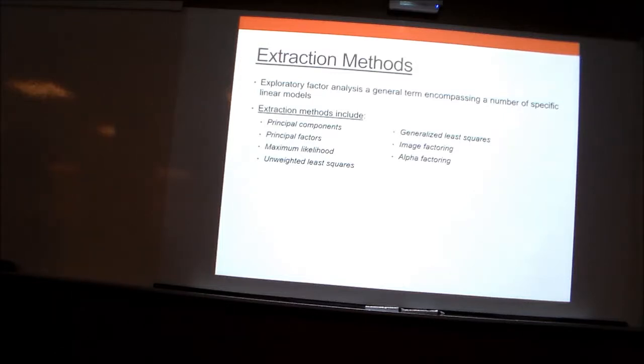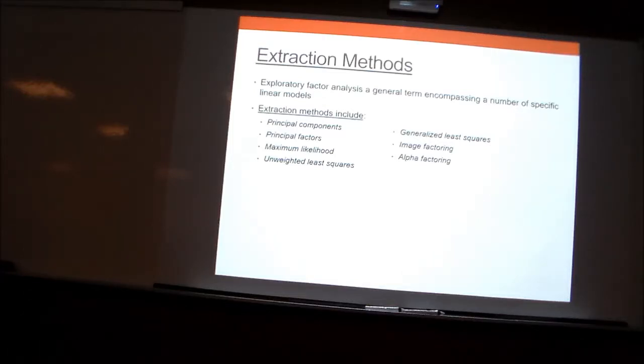If we're talking about exploratory factor analyses, EFA is kind of a broad catch-all term for a number of different procedures, some of which aren't necessarily factor analyses proper. And a lot of this is based on the methods that we're going through and using to extract data.